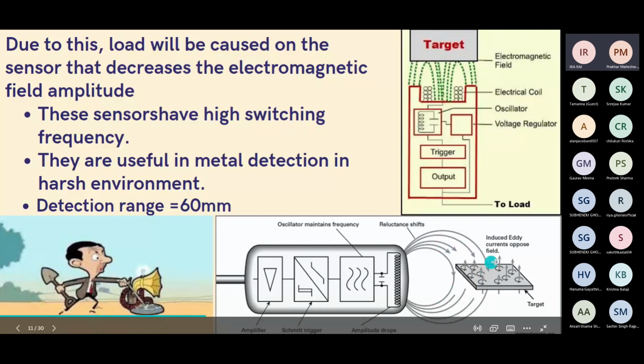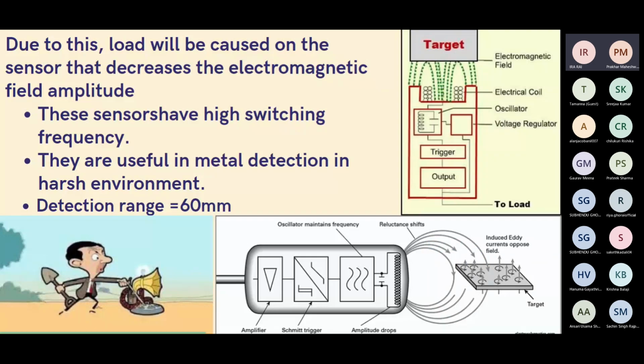Because of this, the intensity of the magnetic field decreases, and again this change is detected by the oscillator, whose amplitude increases or decreases respectively, and the final electrical output is sent to the sensor. So basically, again, this is the change that is observed by the sensor.